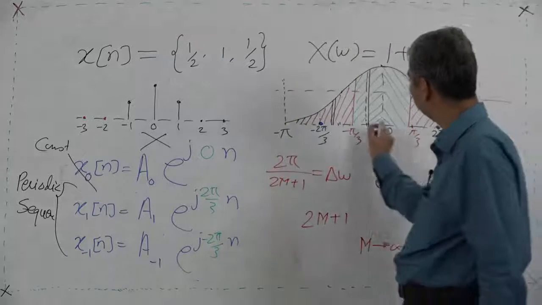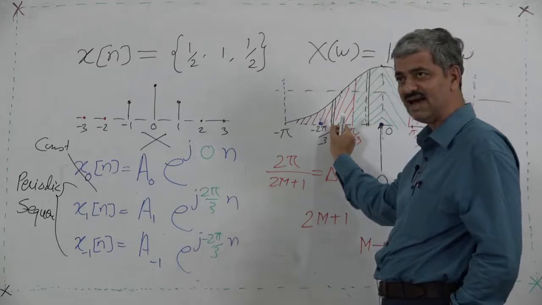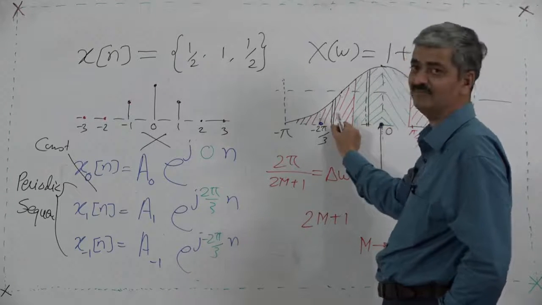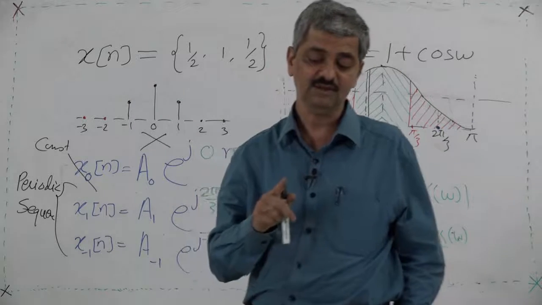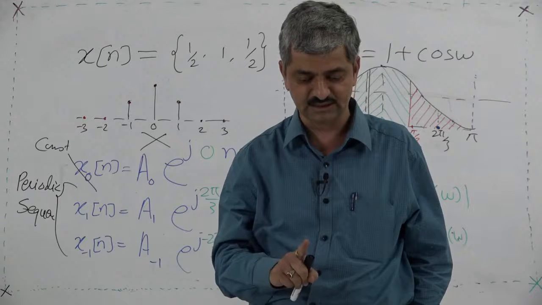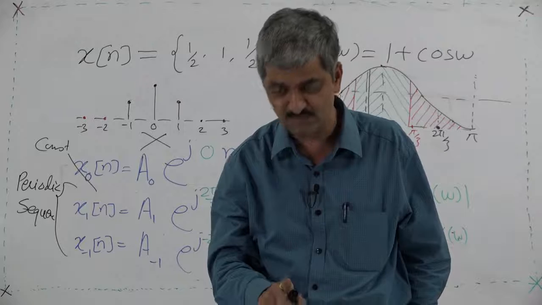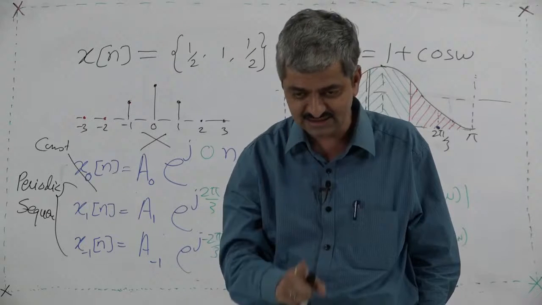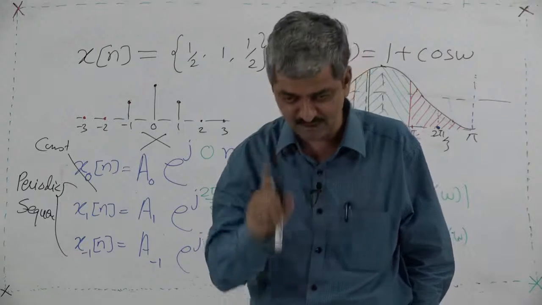Therefore, for this small strip, both areas are becoming almost 0, but this area is more than this area. So what I again repeat is the discrete time Fourier transform: by using its values, it is possible to express the given sequence into different subcomponents.